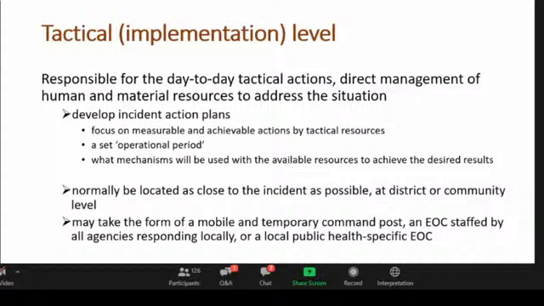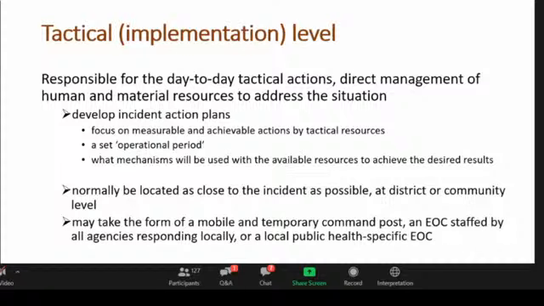The plan that we discussed before by Osman should focus on measurable, achievable actions, define the operational period, and define what mechanism is used to manage the resources and to achieve the result.